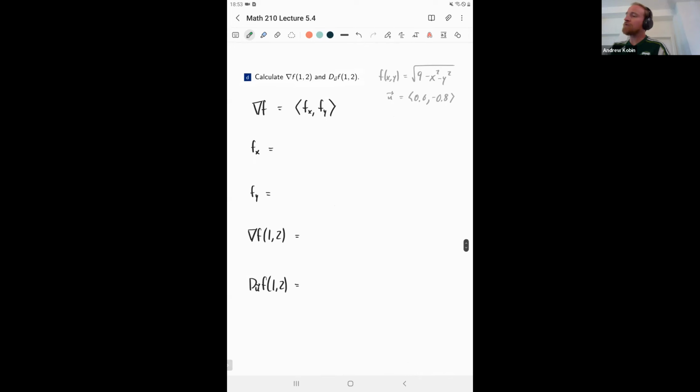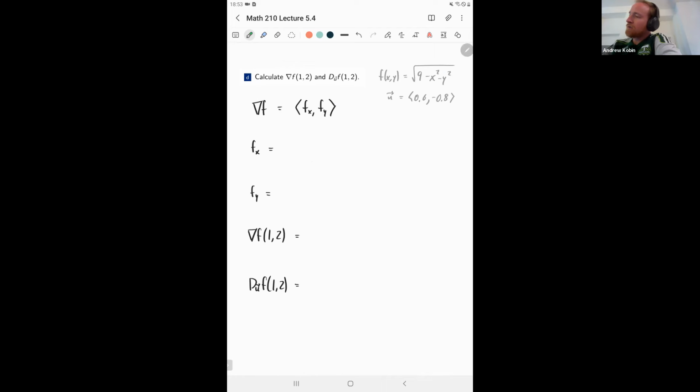Let's finish the question. There was a part D to answer, and I've copied the function and that direction so we can answer this. We want to calculate, first of all, the gradient and then use it to calculate the directional derivative in this direction. Let's see how fast we're traveling uphill in that direction. To compute the gradient, the components are the partial derivatives of the function. And here's our function.